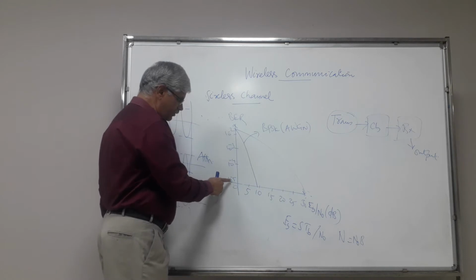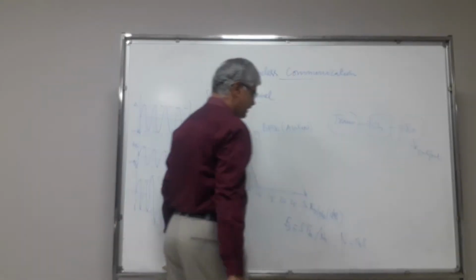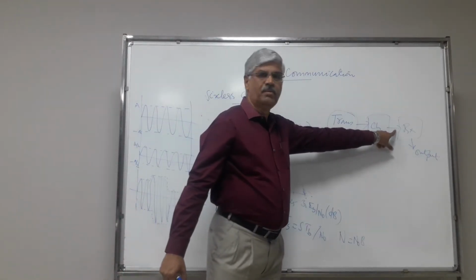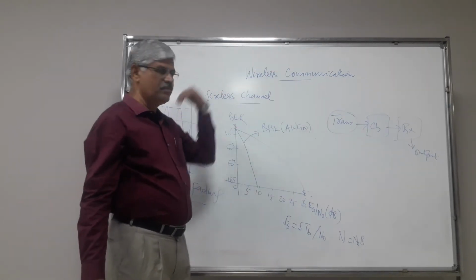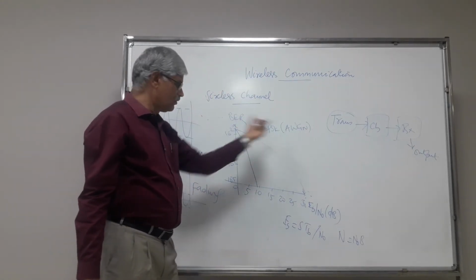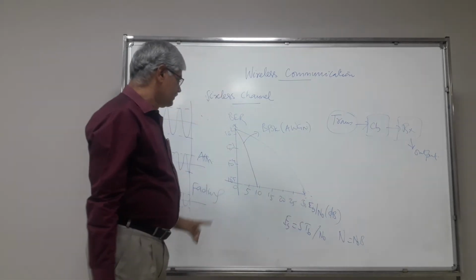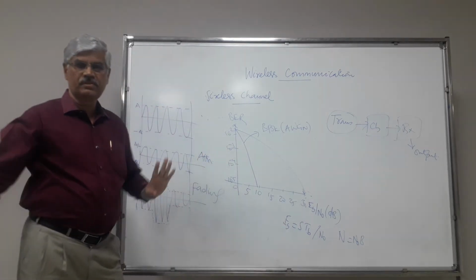To get 10 power minus 5, 1 error in 10 power 5, you require more than 30 dB Eb/N0 at the input of the receiver. In other words, you should have transmitted much higher power to give you that type of Eb/N0 at the input of the receiver. So, it is making the performance so worse.